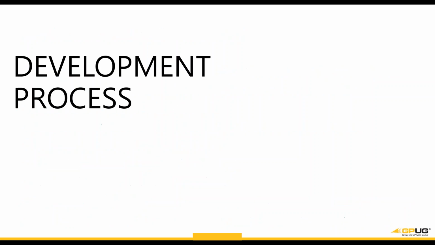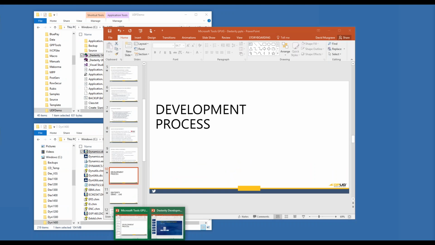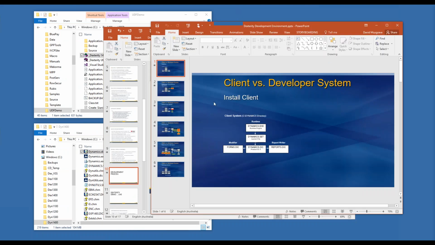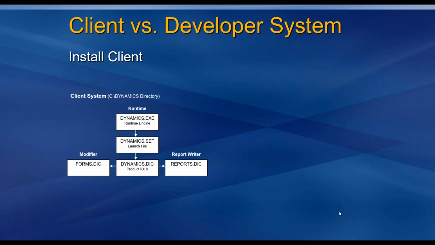So just a quick look at the development process. I'm going to swap to another deck. Okay, so this is just a really simplified client system here. When you click on your icon, you'll notice that the first thing it runs is dynamics.exe, which then loads the launch file, which is dynamics.set.